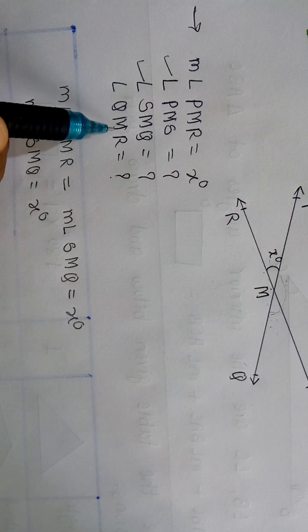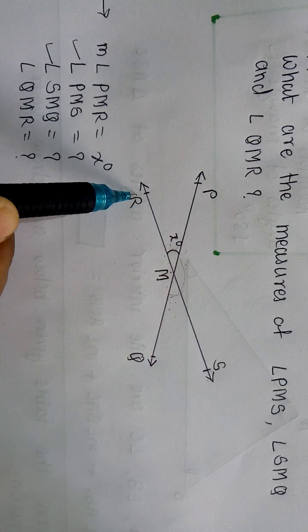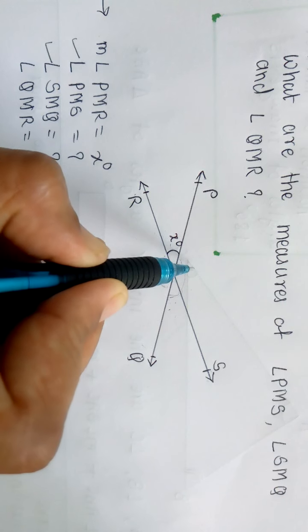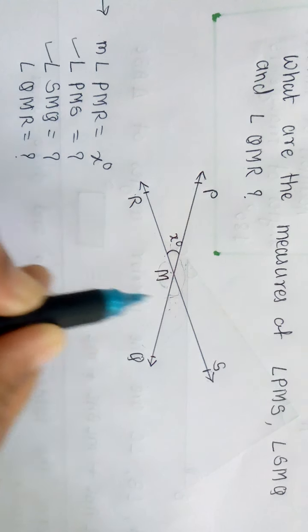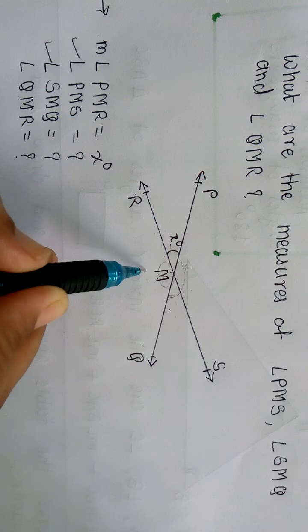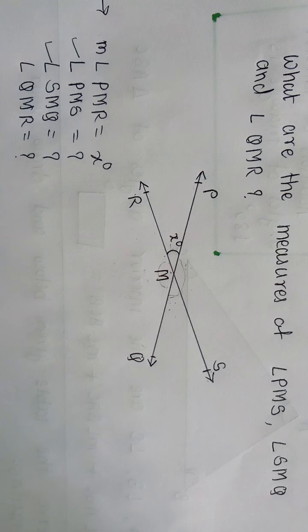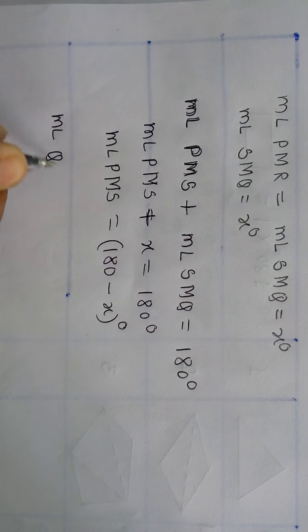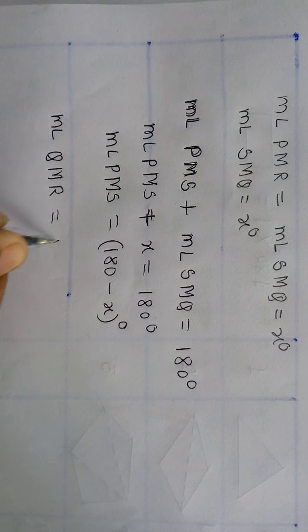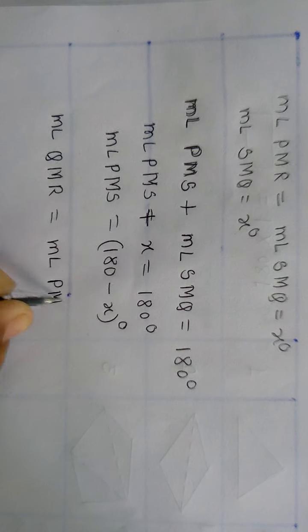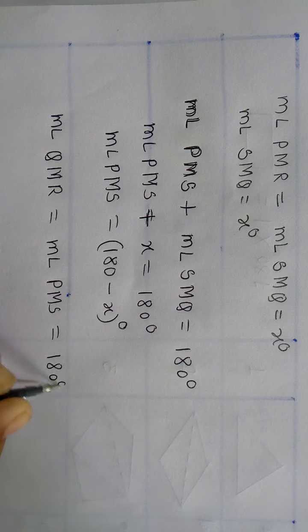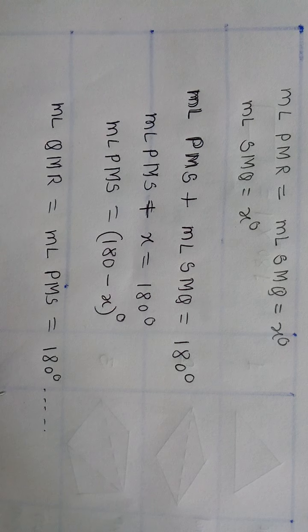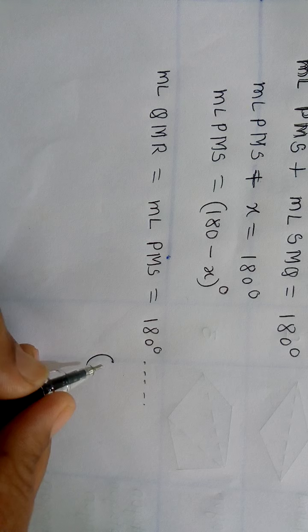Now we will find out QMR. Now in this figure you can see QMR is the opposite angle of this PMS. And now we got this PMS. It is 180 minus x degrees. So it will also be 180 minus x degrees. So here we can write measure of angle QMR is equal to measure of angle PMS is equal to 180 minus x degrees. And here we have to write the reason in bracket: linear pair angles.